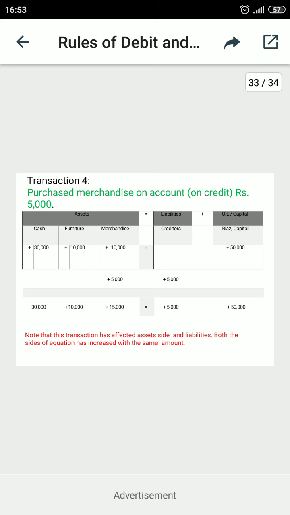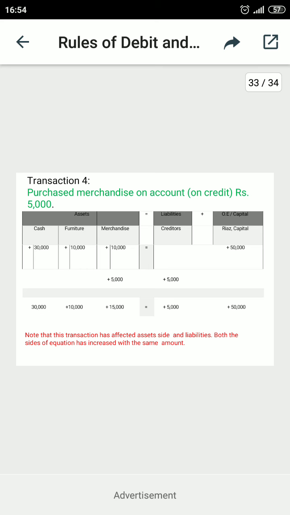When goods are purchased with 5,000, then the merchandise is increased. You may write the word stock in place of merchandise. And the supplier is increasing because the payment is still pending. So the liability is increased with the name of creditors, 5,000.